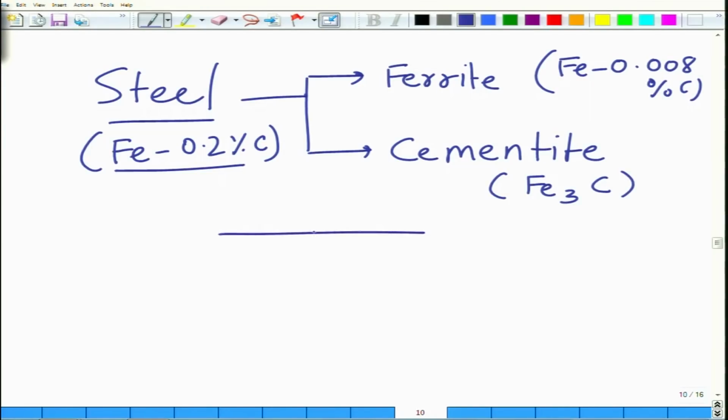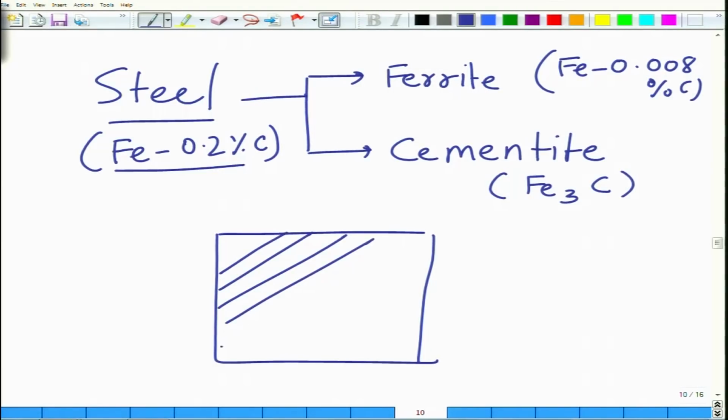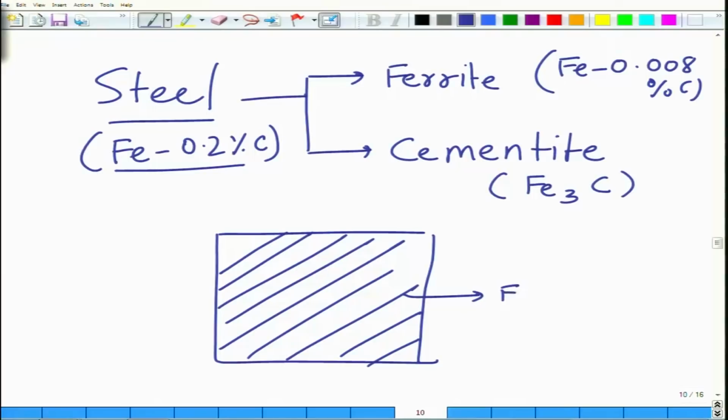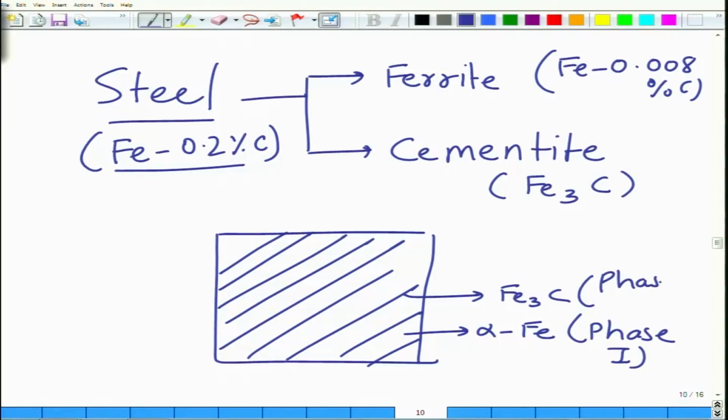If you look at steel under the microscope, I will just zoom in on a region, you will see a colony in which these are your plates. So this could be cementite and this could be ferrite. Now they are both solid phases, but chemically they are distinct and physically also they are distinct, they have different physical characteristics. So this is phase 1 and this is phase 2.